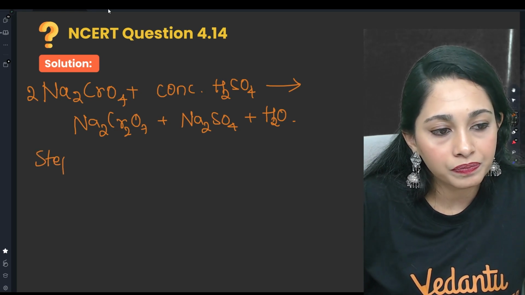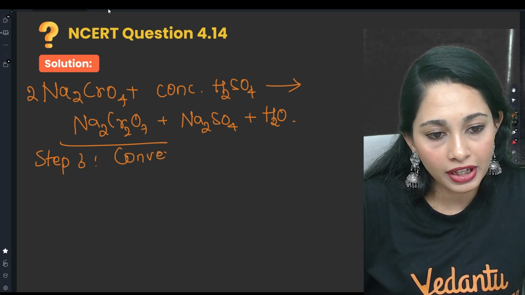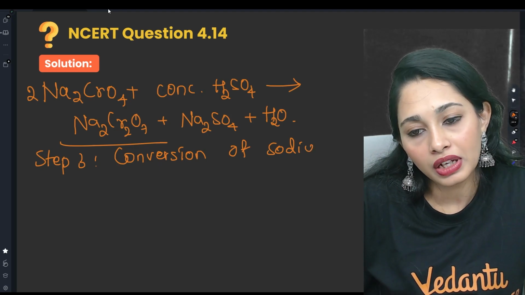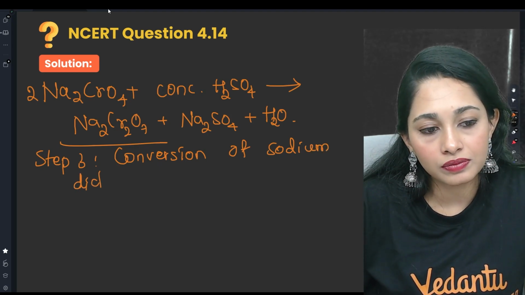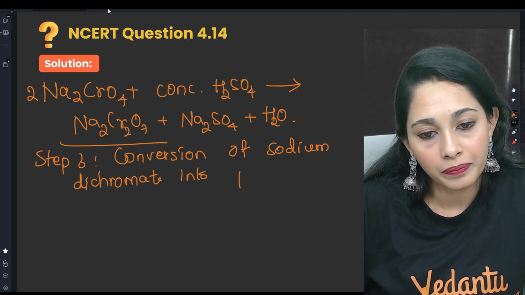Now step 3. We have sodium dichromate now, so the conversion of sodium dichromate into potassium dichromate.